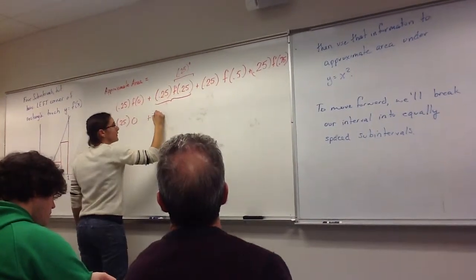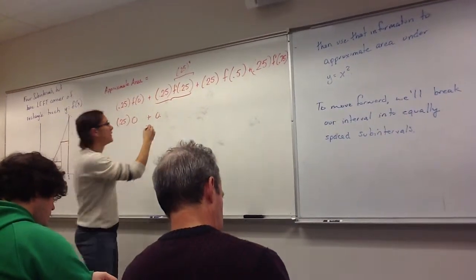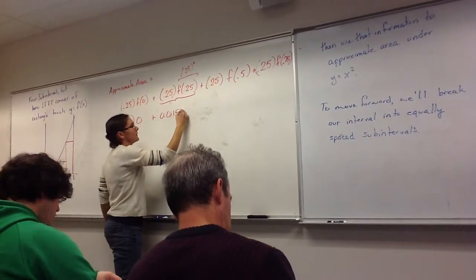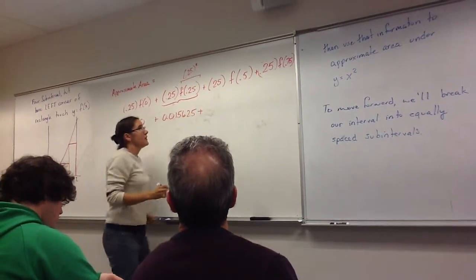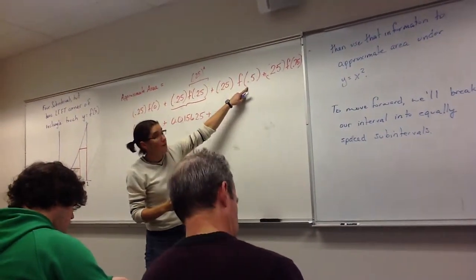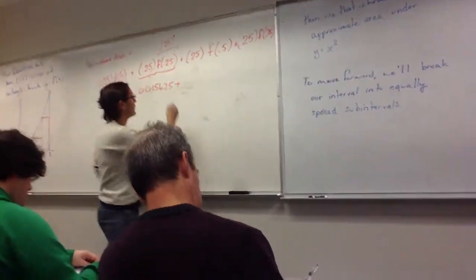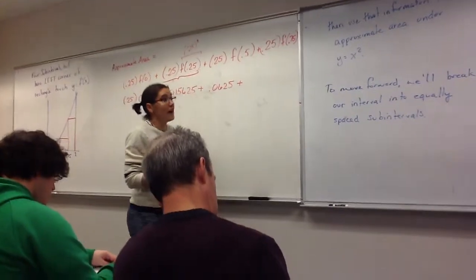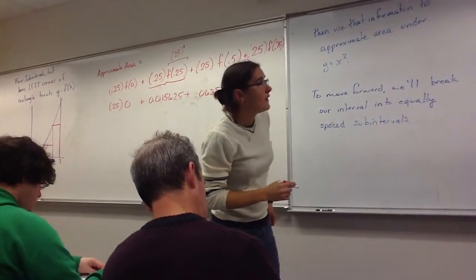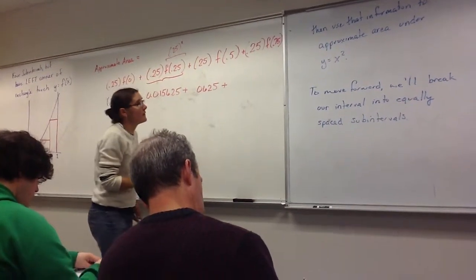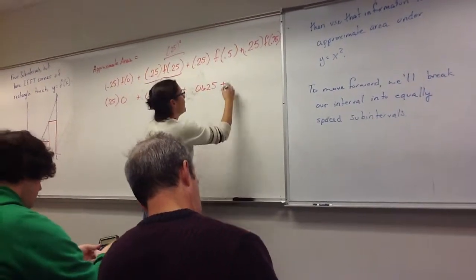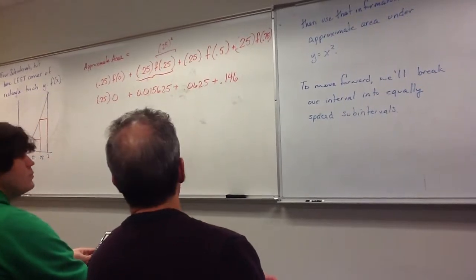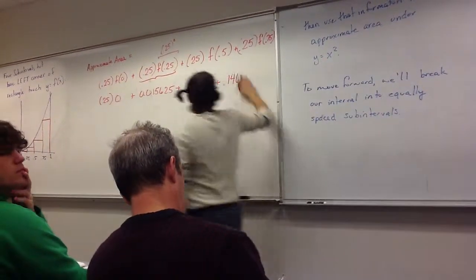So we've got plus 0.015625. And then we have 0.25 times f of 0.5, which is 0.0625. And our last one is 0.25 times f of 0.75, which is 0.140625.